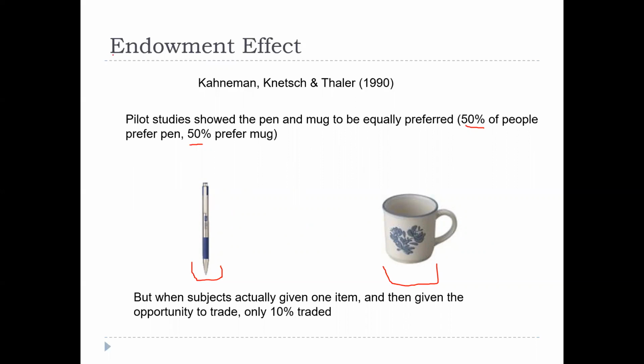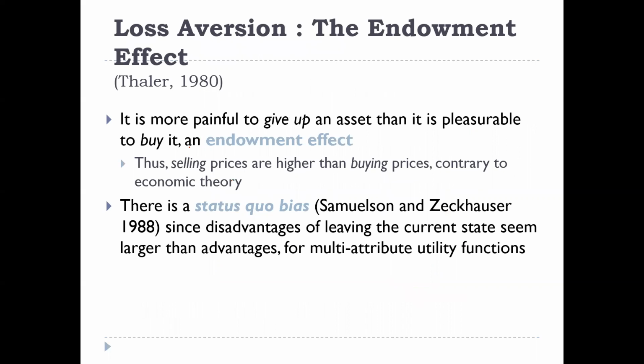And we call that the endowment effect. The endowment effect is that we do not like to give things up, right? It is more painful to give up an asset like a pen or a coffee mug than it is pleasurable to buy it. This is contrary to what we think in economic theory, where we set our selling prices higher than buying prices, and that creates an inefficiency in markets.